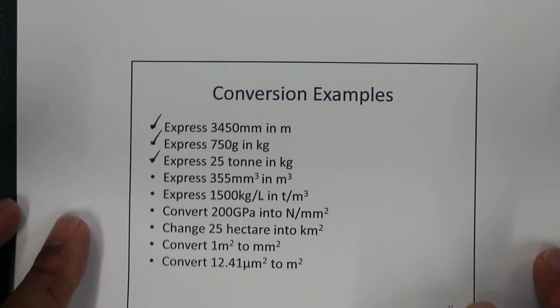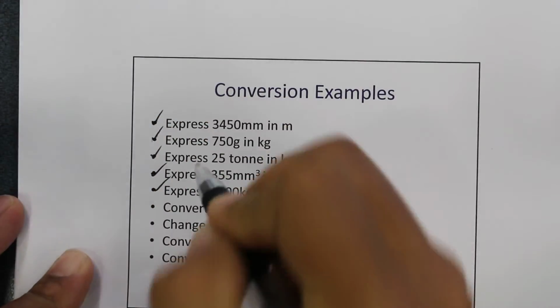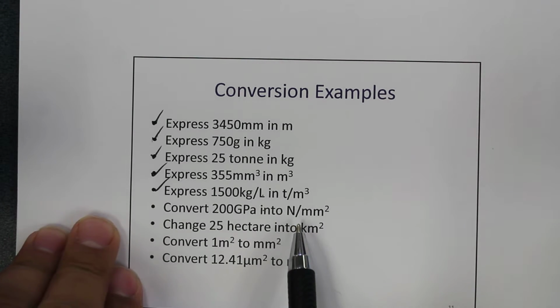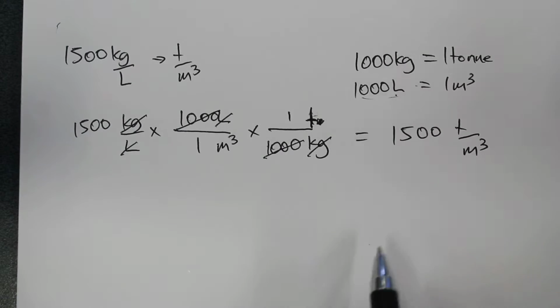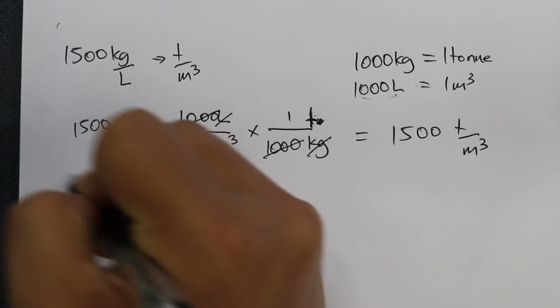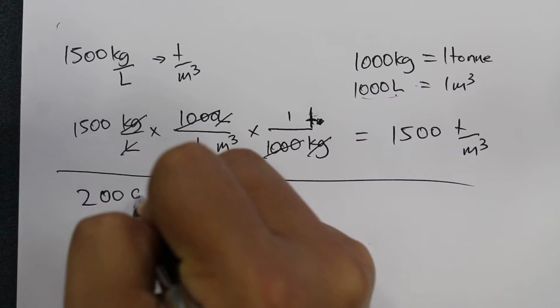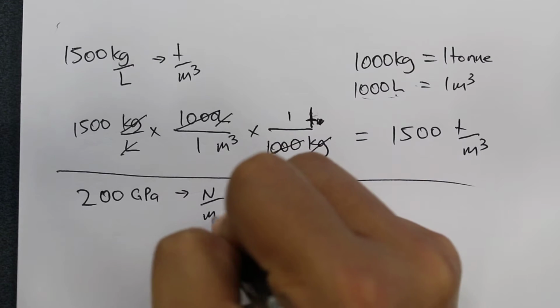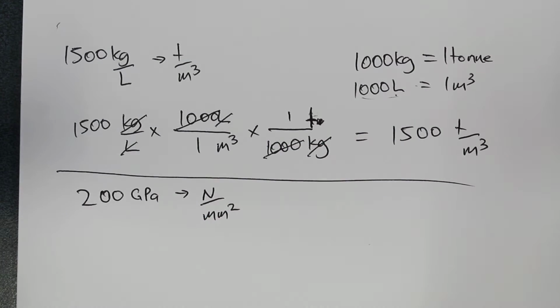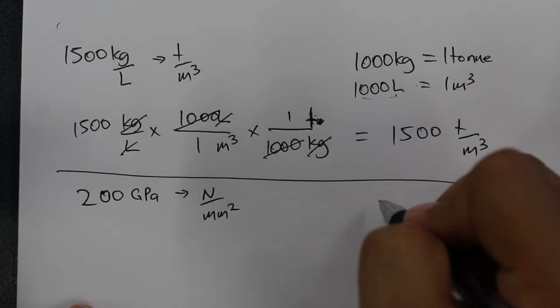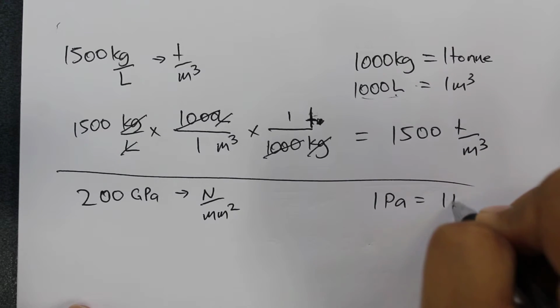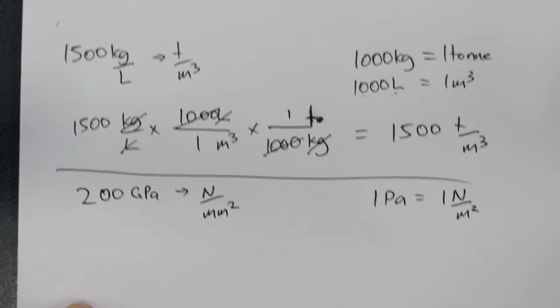Okay, and so the third question that we have on that list, so we've got these two solved. Convert 2,000 gigapascals into newtons per millimeter squared. So we want to change 2,000 gigapascals into newtons per millimeter squared. What we need to know here is that 1 pascal is equal to 1 newton per meter squared.